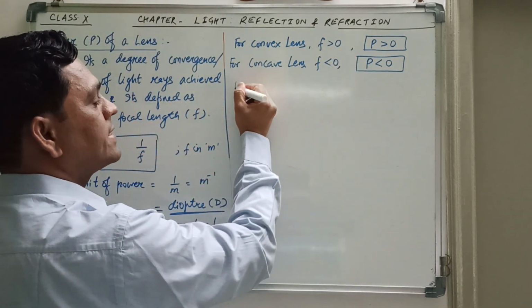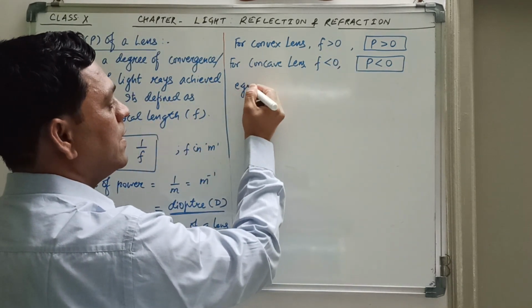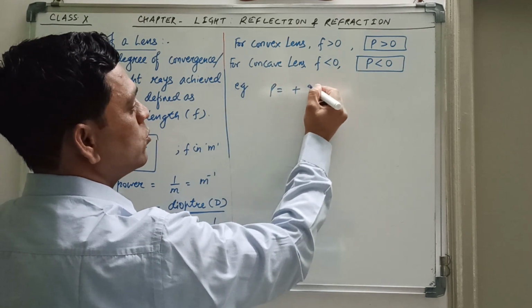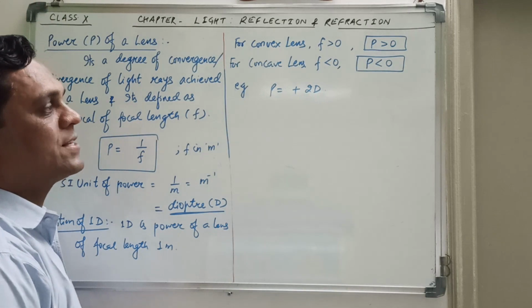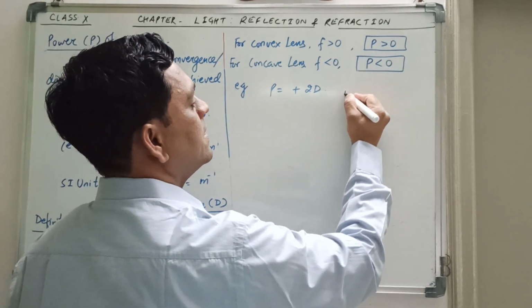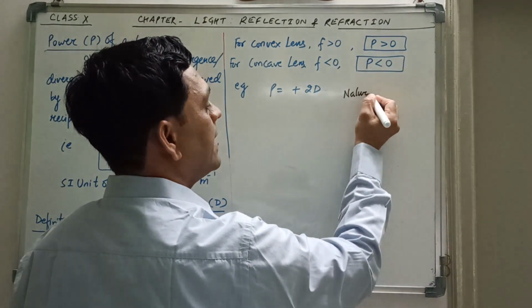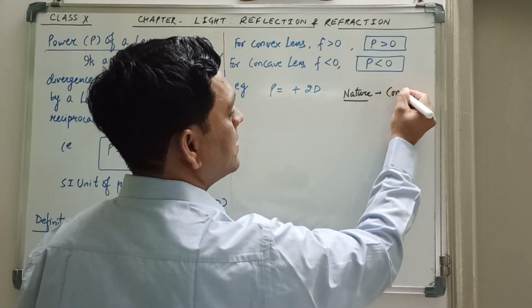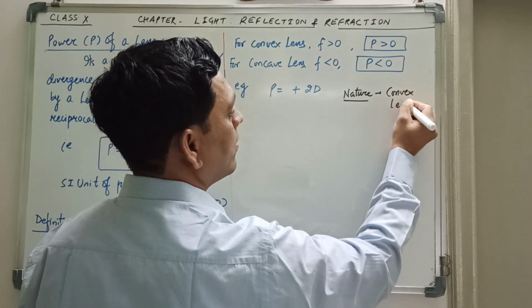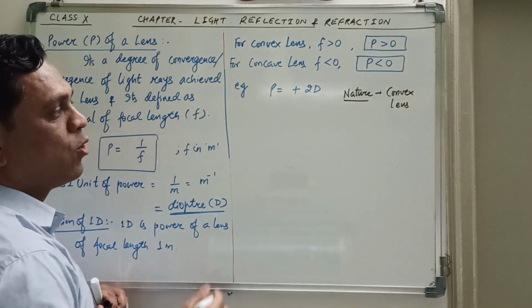Therefore, for example, if I give you the power of a lens is plus 2 diopter, okay, plus 2 diopter. Then I ask you what is the nature of the lens. Then looking at the positive sign here, you can always tell, positive hai na, that is why you will say sir, this lens is surely a convex lens. Okay, so what is the focal length of the lens?